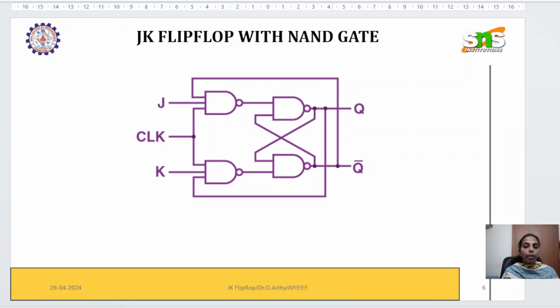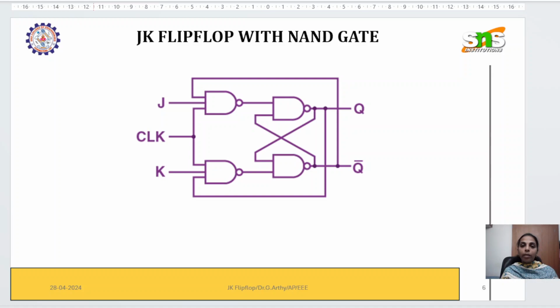Normally in an SR, we'll be having these two inputs, clock S and here clock R, right? Here we have one more input, which is a feedback taken from Q dash and given to J, this NAND gate, and Q, which is being given to K. This is the modification done in order to overcome the problem of SR flip-flop.